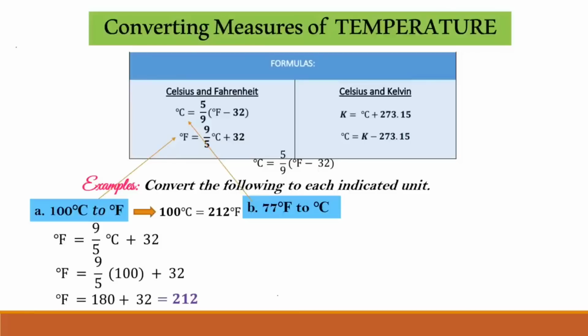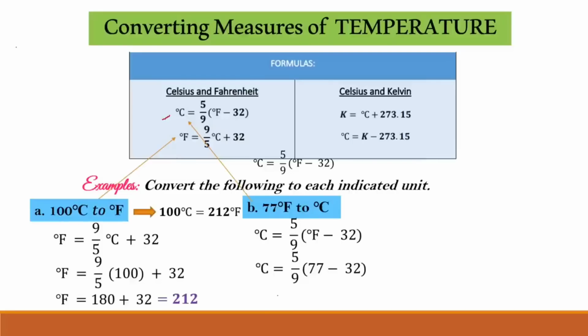So we have degrees Celsius is equal to 5/9 times the quantity degrees Fahrenheit minus 32. So again, we write our formula and then substitute the value of the temperature in Fahrenheit. So we have 5/9 times the quantity 77 minus 32.